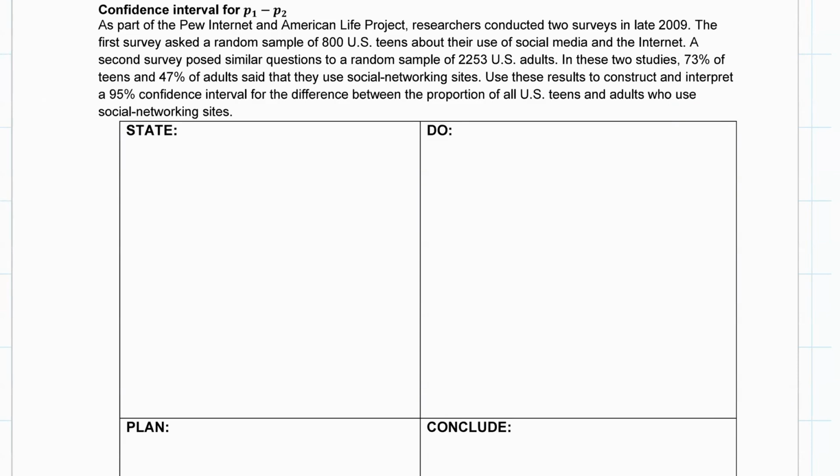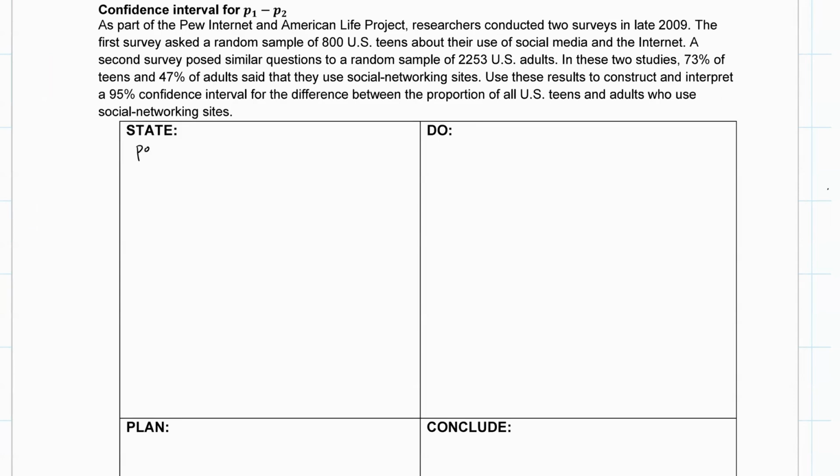In these 2 studies, 73% of teens and 47% of adults said they use social networking sites. Use these results to construct and interpret a 95% confidence interval for the difference between the proportions of all teens and adults who use social networking sites. So let's start out. Our first step is always about populations.